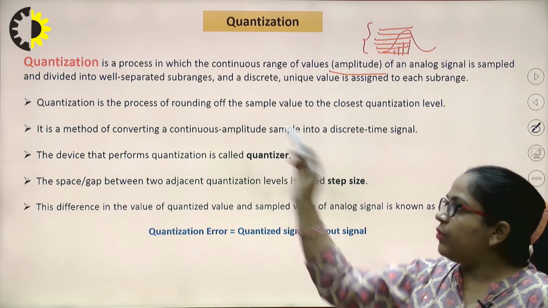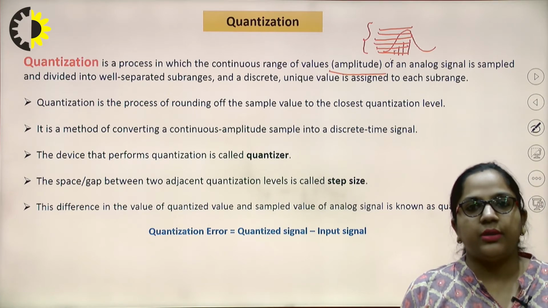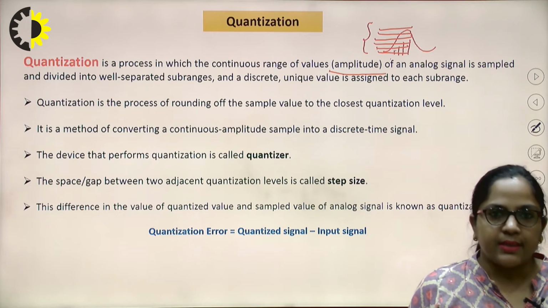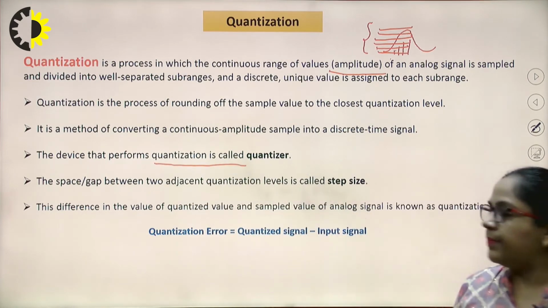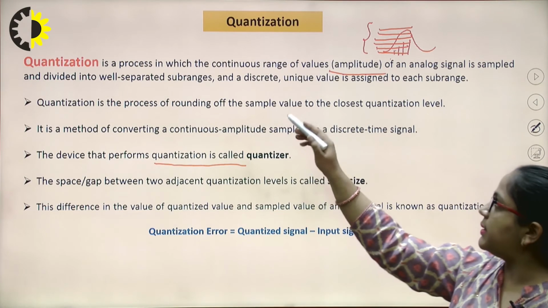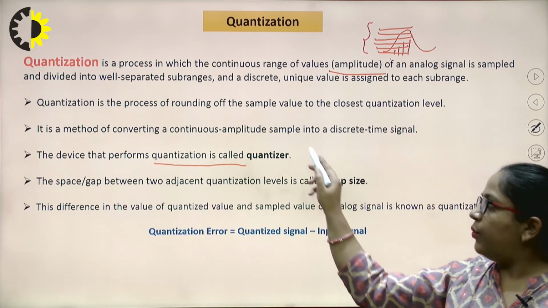So quantization is a method of converting a continuous amplitude sample into a discrete signal. The device that is used to perform this sampling in the amplitude axis is called a quantizer.